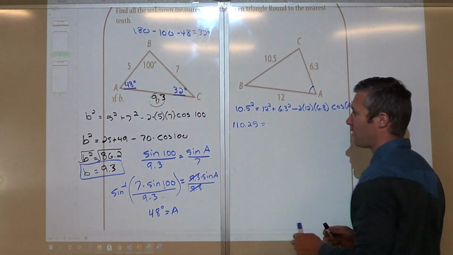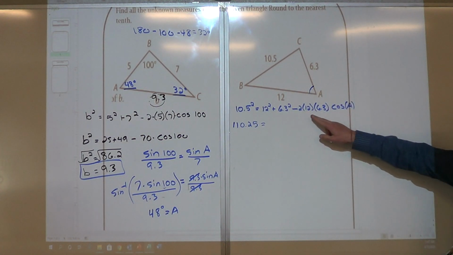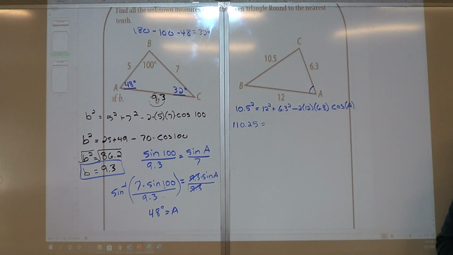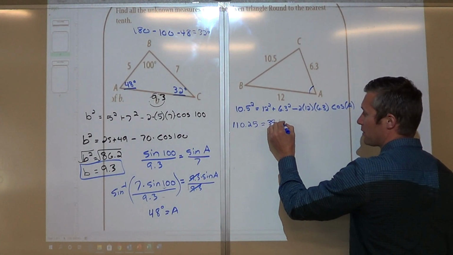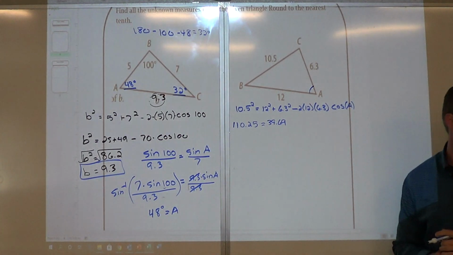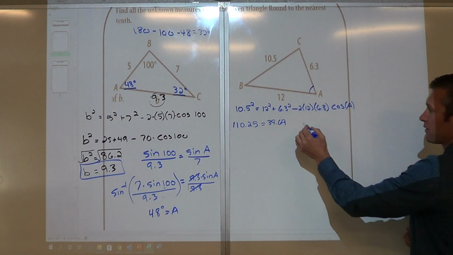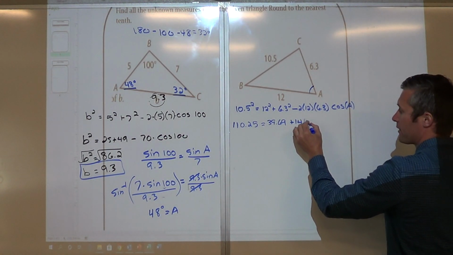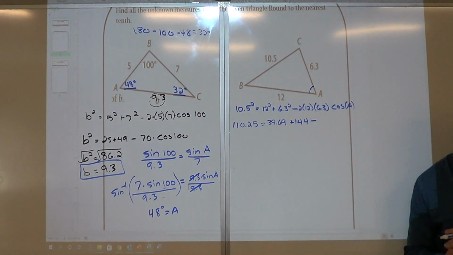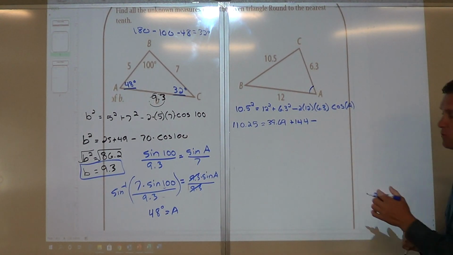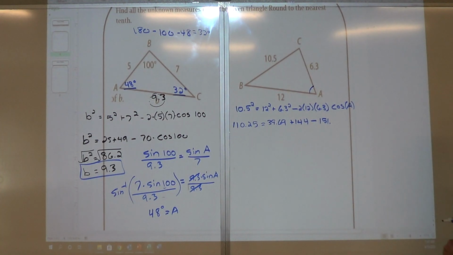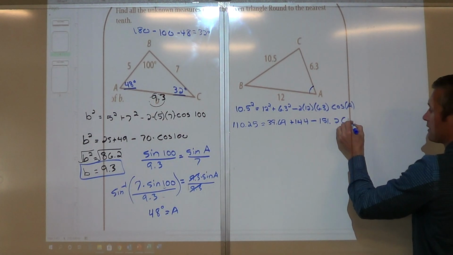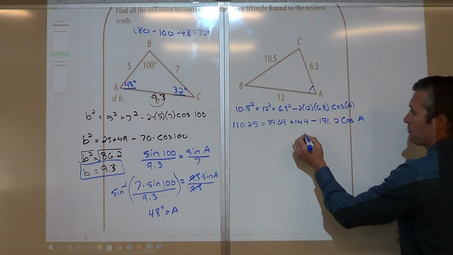And so when you do, you get this as 110.25. Now, some of this stuff I'm just going to simplify pretty quickly as I go through this. So step by step, and then the next one I'll kind of skip ahead. So that's 39. This is 144 minus 151.2. So then we combine these.